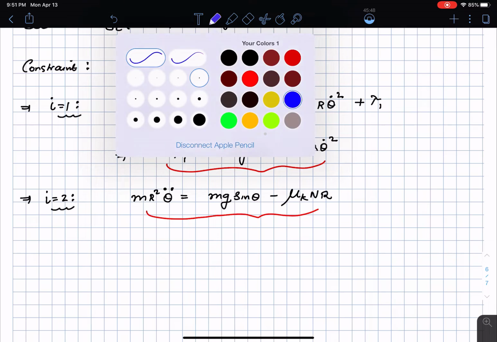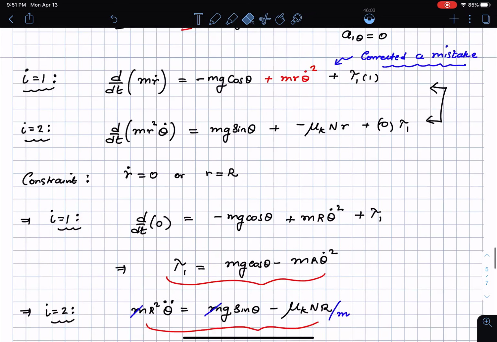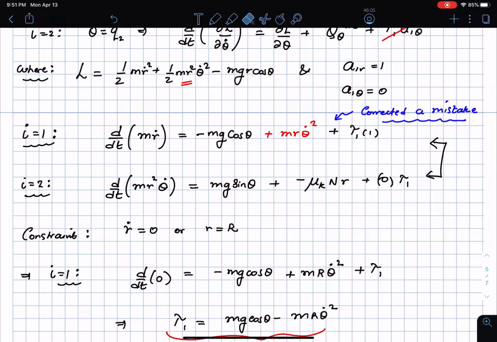So I'm going to cancel off some of these terms. There's going to be a factor divided by m, and then I'm going to get rid of r squared here. I'm sorry, I shouldn't be doing that. I'll be dividing by r here, and I think I'm missing a term here. I made another mistake. I guess this is a day for mistakes.